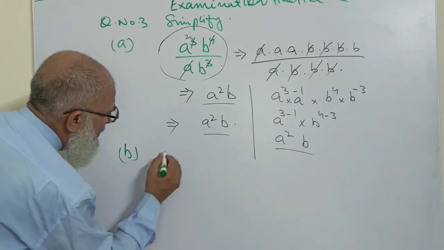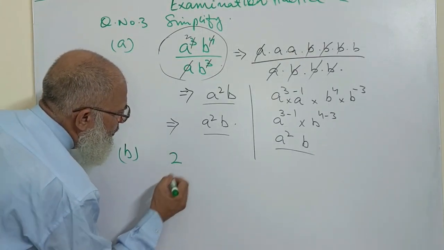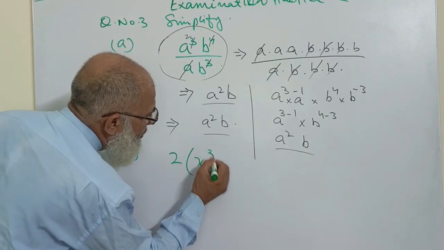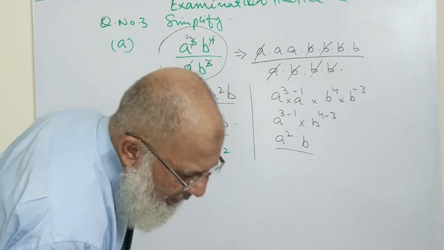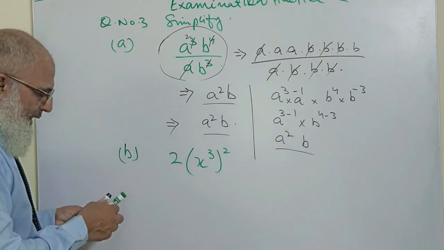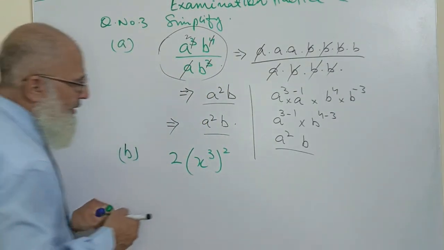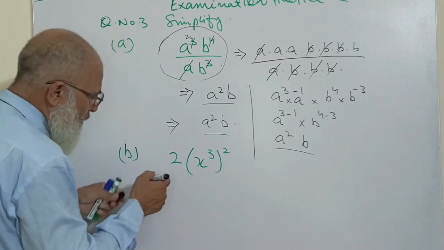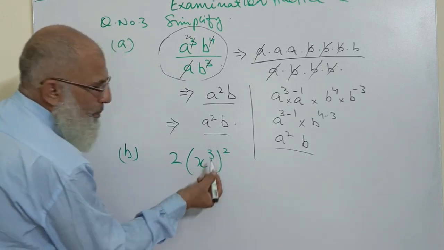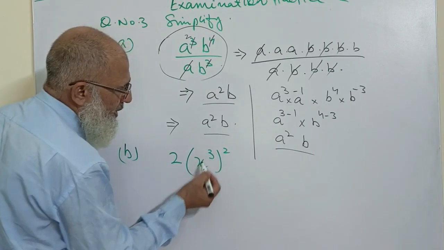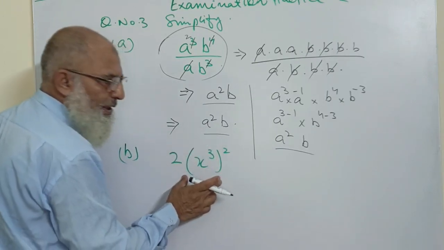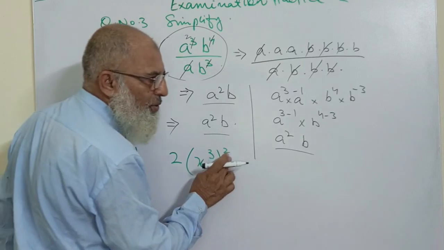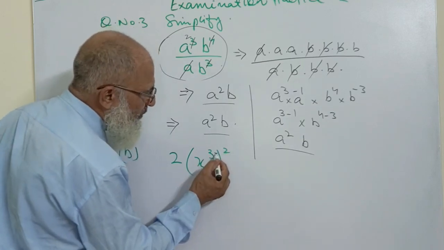Part B is 2x cube square. This is very simple and needs no detail. What you have to do is multiply the indices together: the index enclosed within the bracket and the index outside the bracket. We have to multiply them.